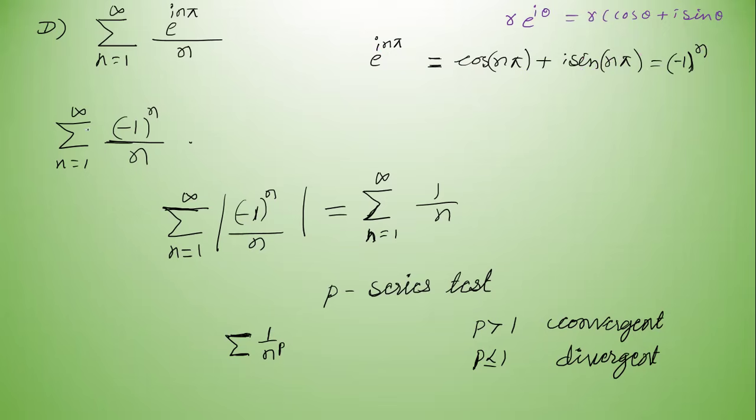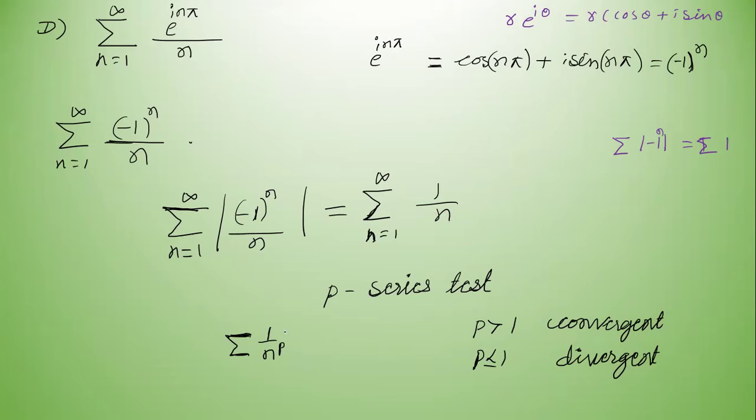Now, summation n equals 1 to infinity (minus 1 raised to n) by n. It becomes this type. We know that modulus of minus 1 raised to n we get as 1, so summation 1 by n.